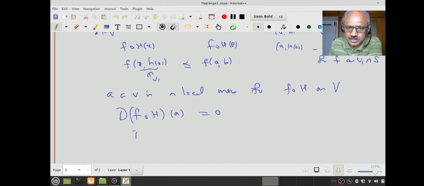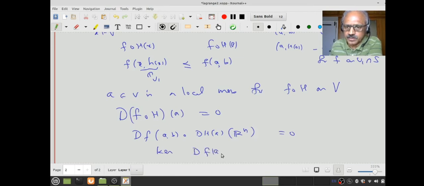What does this mean? This means df at h of a, which is a comma b, acting on dh at a is 0. Okay, that means when it operates on Rn, this is 0. Therefore, what I know is the kernel of df at a b contains dh at a of Rn.